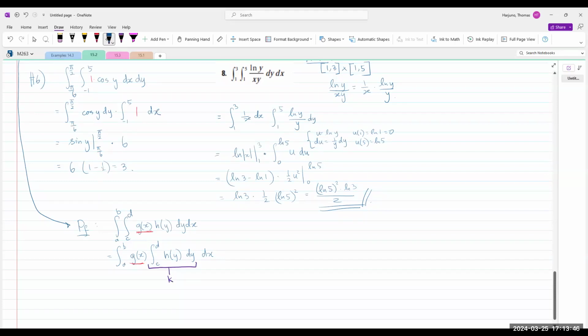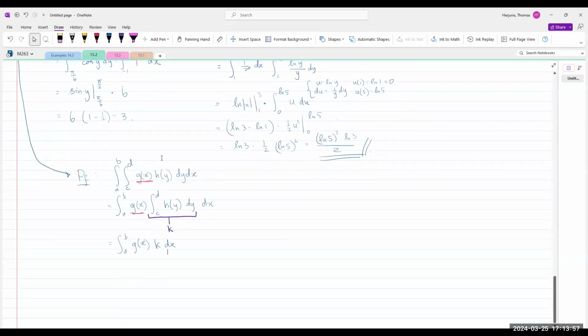Okay, so we now have integral from a to b g(x) times k dx, right? But because that's a constant or coefficient, we can pull that k out. Is it right? Now that k is coming from integral from c to d h(y) dy.